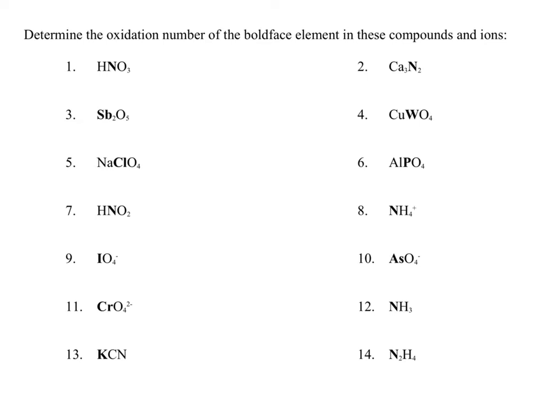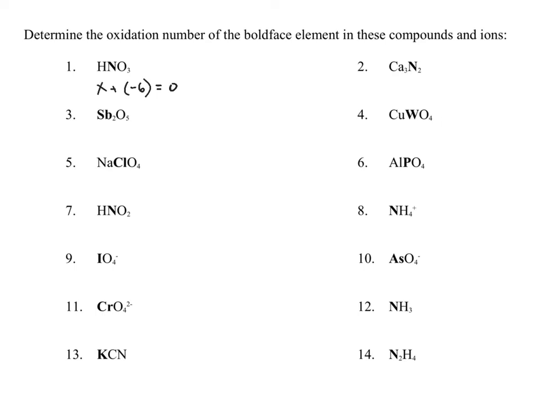So, here HNO3, there were rules on hydrogen, there were rules on oxygen, there were no rules on nitrogen. It is a compound, so the overall must equal 0. So we have to add up to 0. I have 3 oxygens. Each one is -2 from our rules, so that's a total of -6.